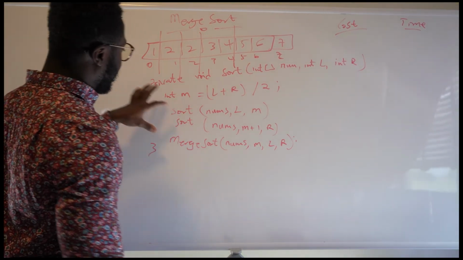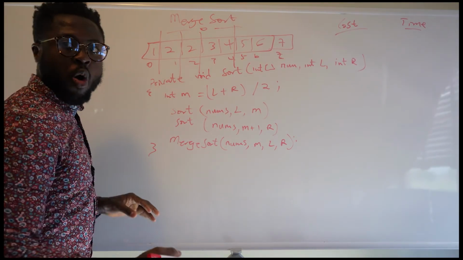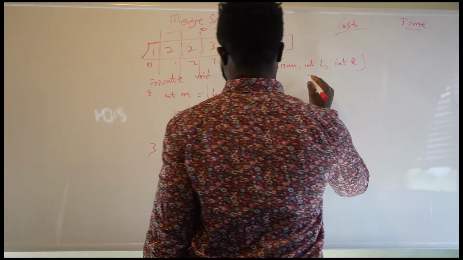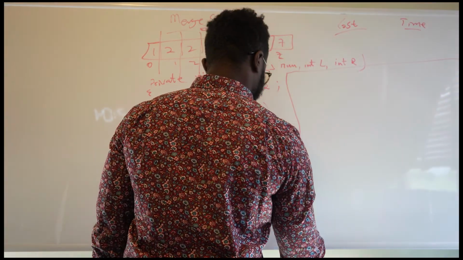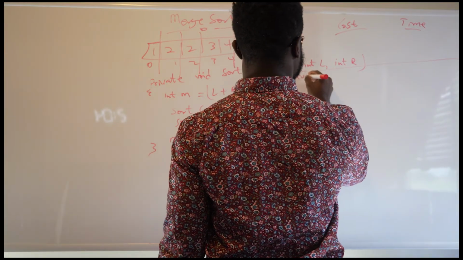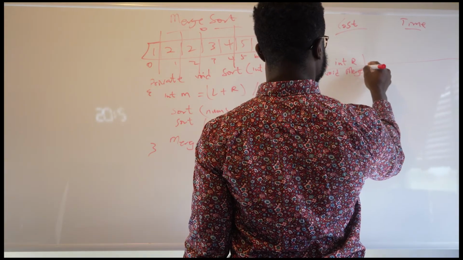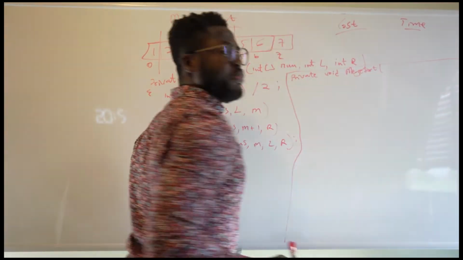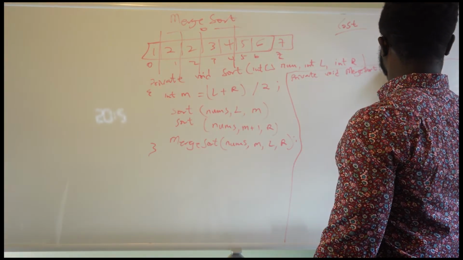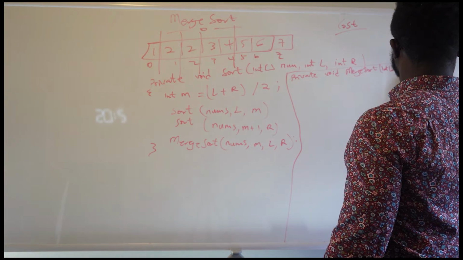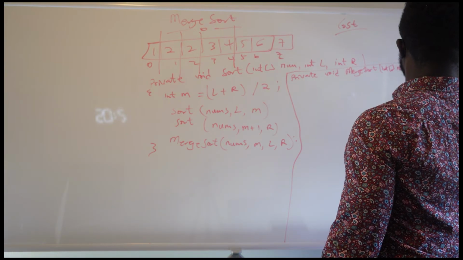So now I'm going to clean this first part because we are going to code this, or if there is space, I think I can code it here. Let's see if it can go there. So then we have private void merge, pretty much. We will have the array nums, int median, int left, and int right.